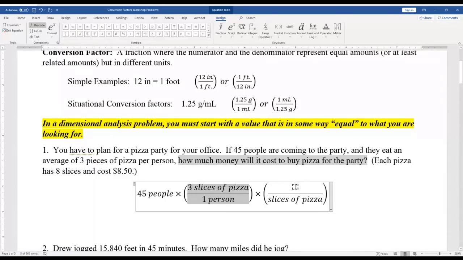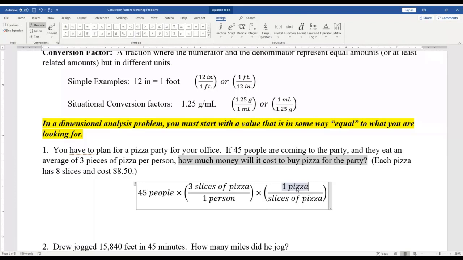A slice is related to a pizza. Yeah, and 8 slices is equal to one pizza, right? So one pizza is 8 slices. Okay. Well, that helps me. I have pizza.